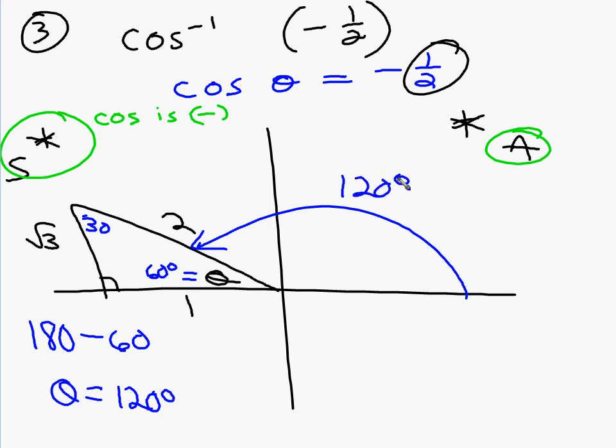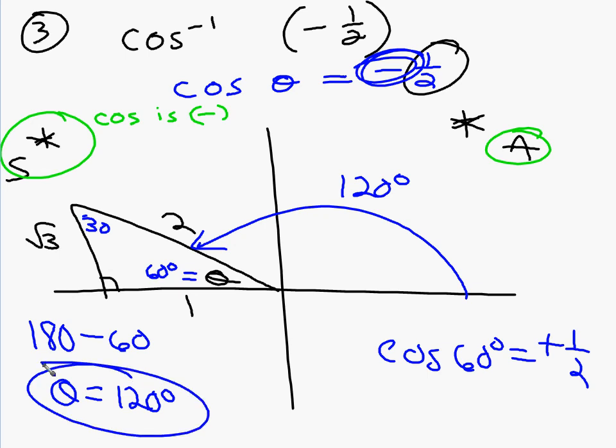And let's think through this. This does make sense because if I did the cosine of 60 degrees, I would get positive 1/2. Right? Well, this said the cosine of what angle is negative 1/2. That's why we have to use the reference angle and get 120, because 120 is where cosine is negative. All right? We're doing real well so far.